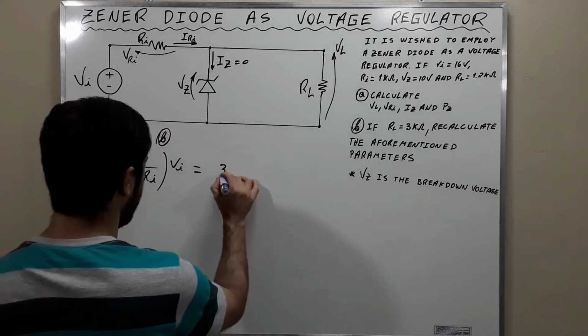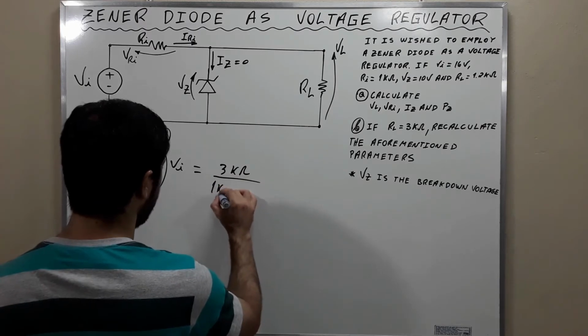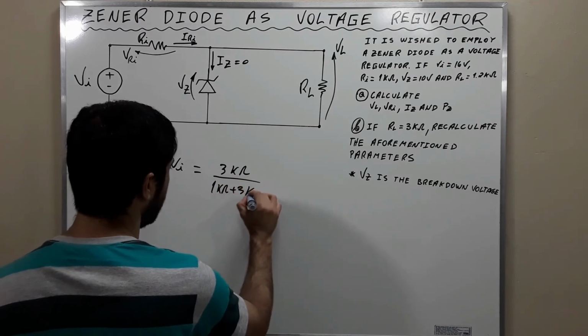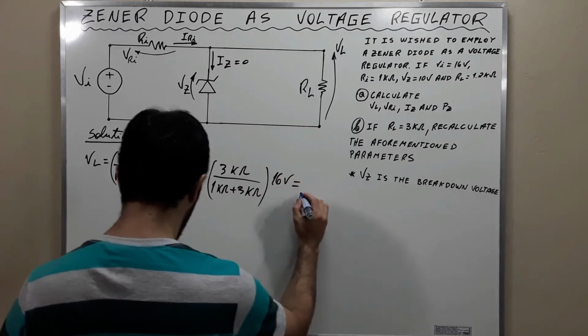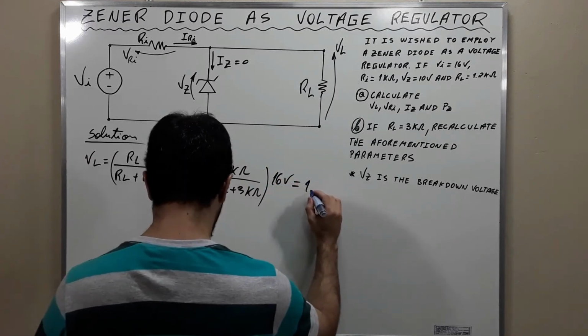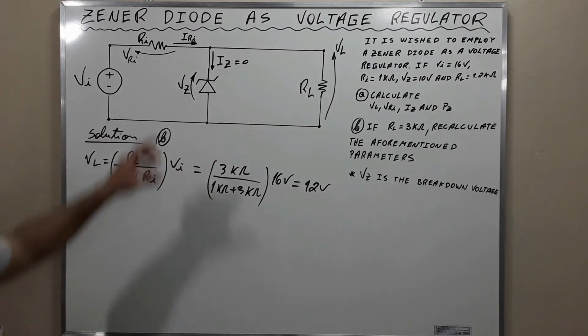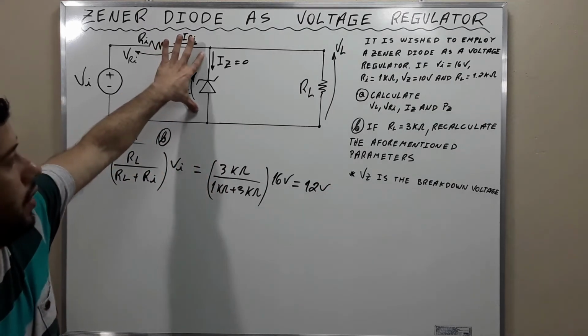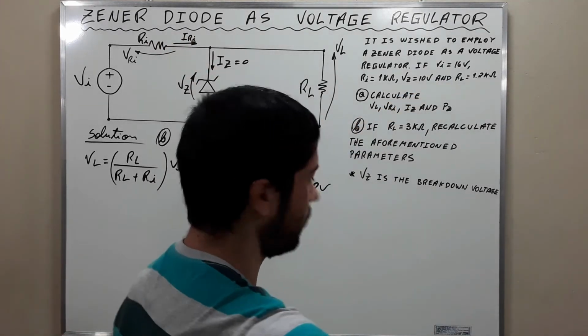It's 3 kilo ohms divided by 1 kilo ohm plus 3 kilo ohms times 16, which is equal to 12 volts. And now 12 volts here is greater than 10. 12 greater than 10.